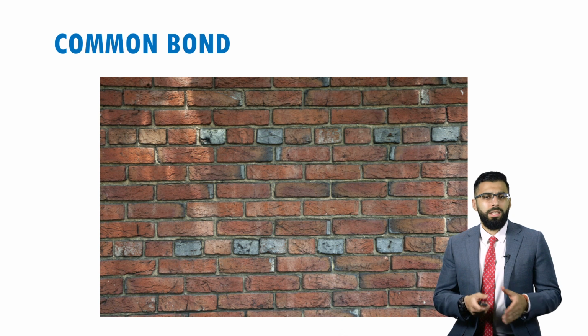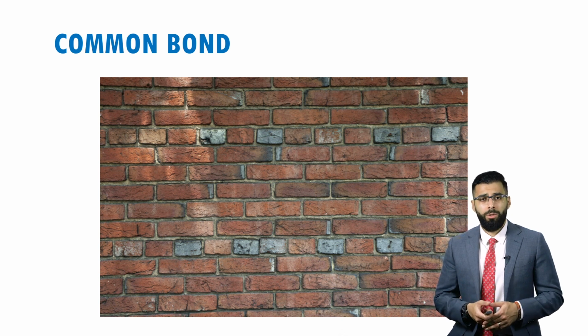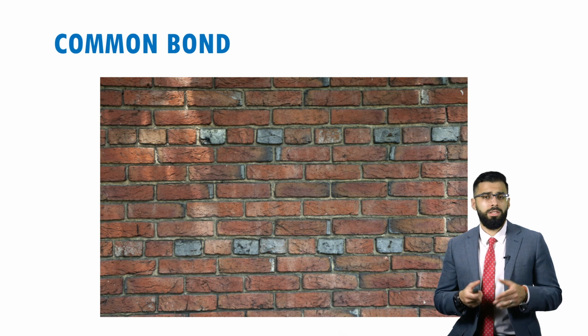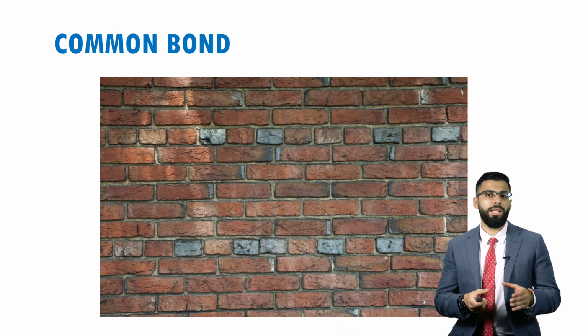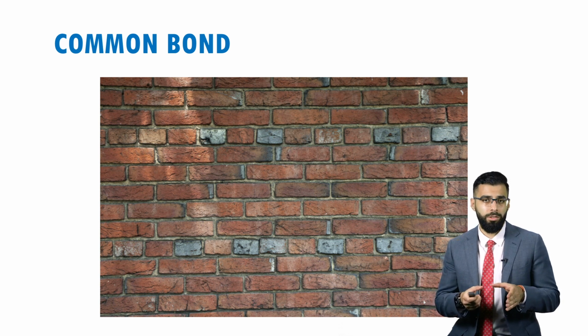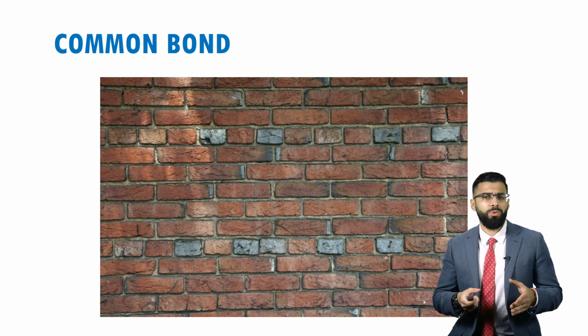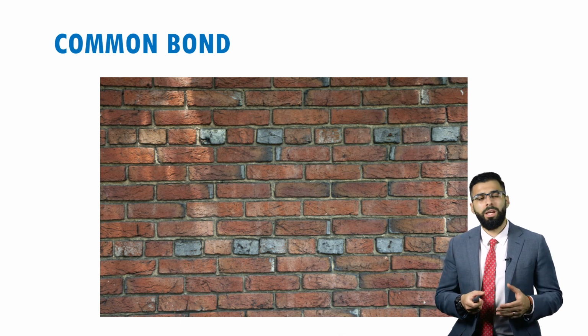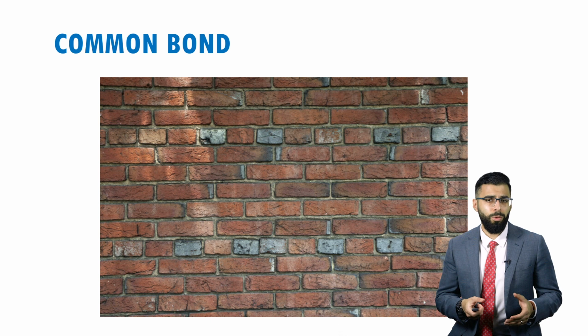The common bond is another common type of bond that you see in masonry structures. It's similar to a running bond in the middle of the wall. The difference here is that some of the rows have bricks that are laid in the header orientation. These rows with a header orientation take place around every 5 rows.